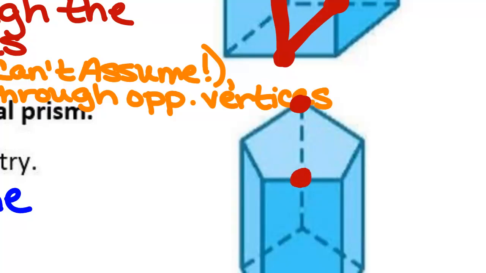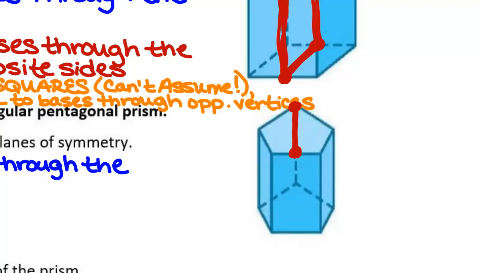And then I want to hit the halfway point of this side. So right here is how I would orient the knife to cut down through the center of this cake. And I would go straight down to the bottom, hitting the middle point here and hitting the point back here. Does that make sense? Then I would cut this into two congruent halves.